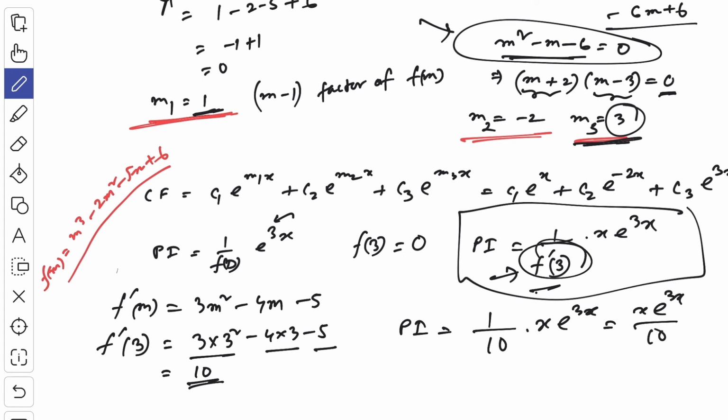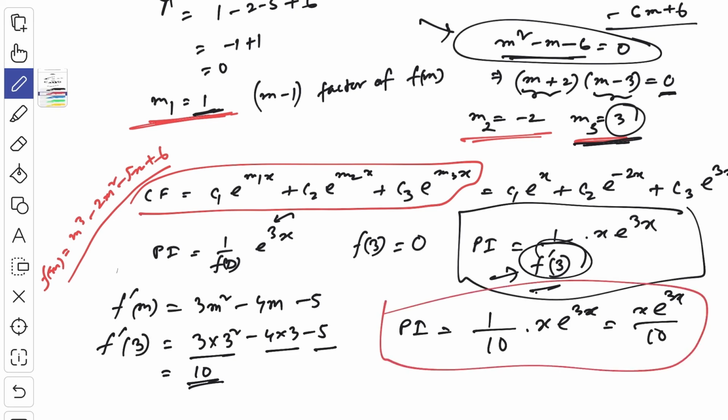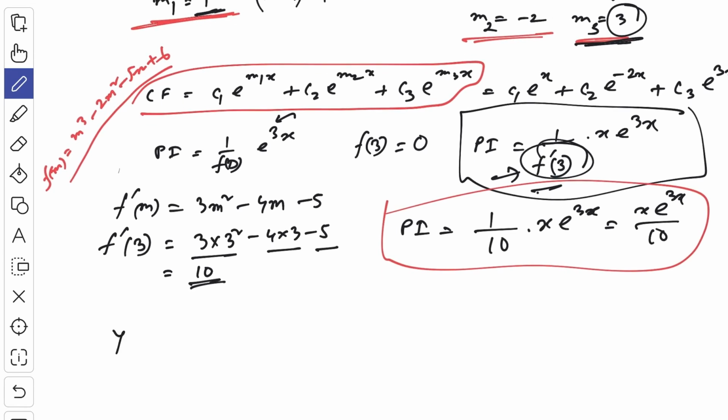Now here you see we have got our CF, and also we have got PI, and the solution is given by the sum of these two. y is equal to CF plus PI.